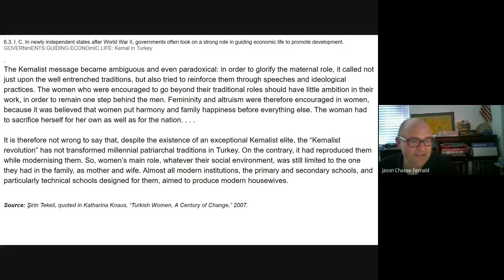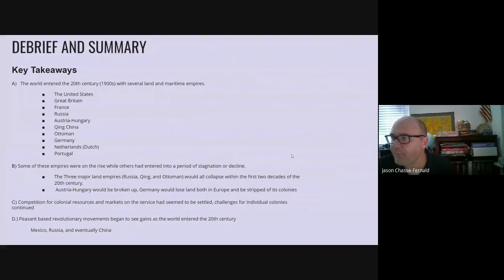This is a paradox that still survives in the United States to this day. So it's not shocking to see that it exists in Turkey, at the moment in which women were first given rights.